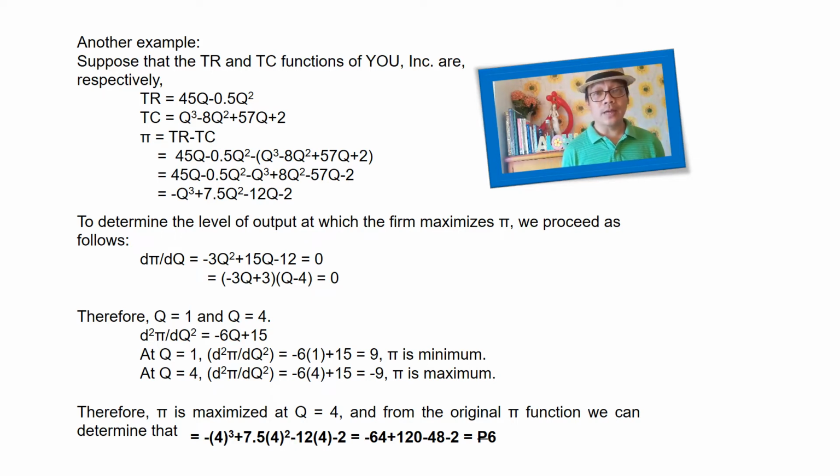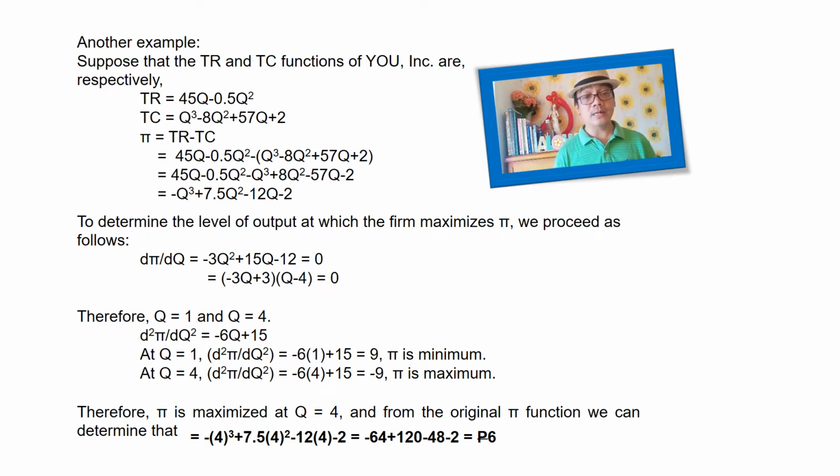Now, to calculate the profit function, we simply get the difference between the TR and TC functions. And the profit function, therefore, is equal to negative Q cubed plus 7.5Q squared minus 12Q minus 2.